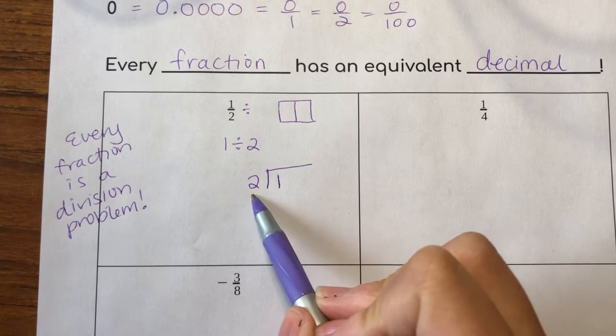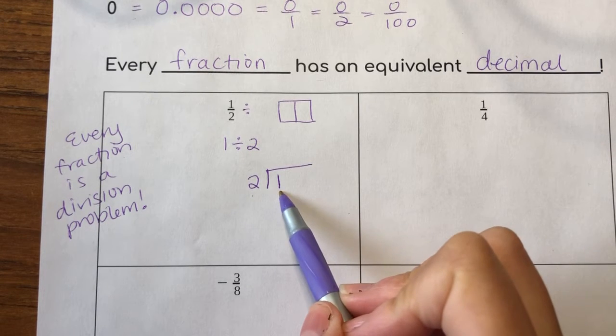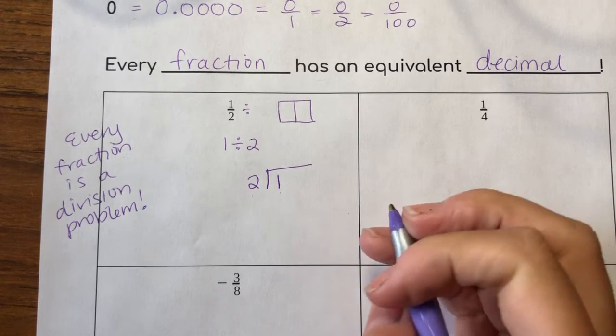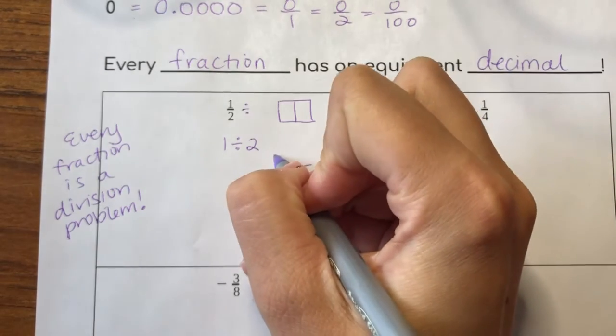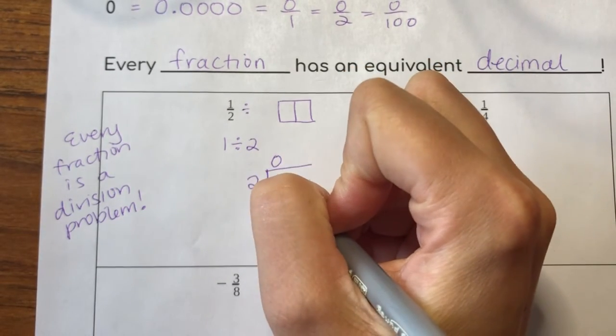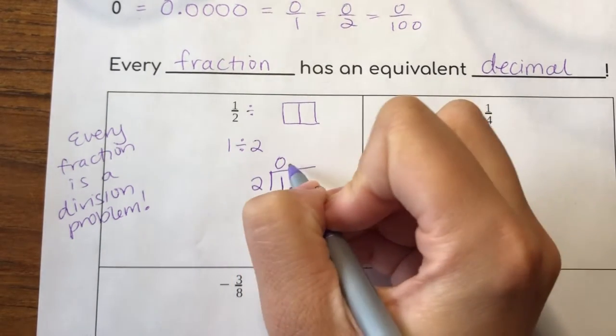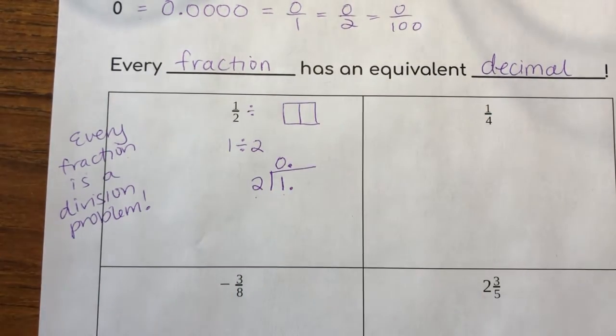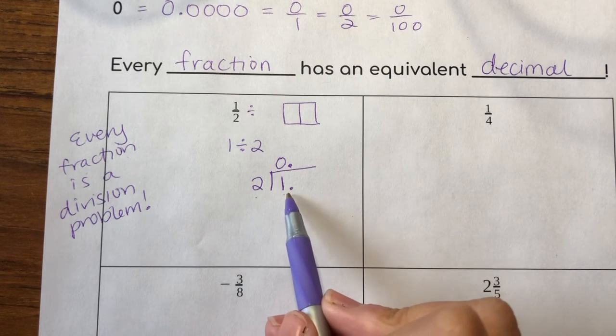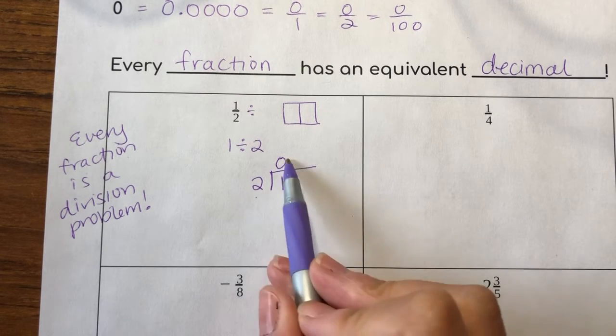So I check, okay, 2 goes into 1 how many times? Oops, 2 doesn't go into 1, goes in 0 times. But I don't get to stop. What I do instead is I put a decimal, because I know that this number is going to go into the decimals. I put the decimal right after my 1, and then I pop it up into my answer.